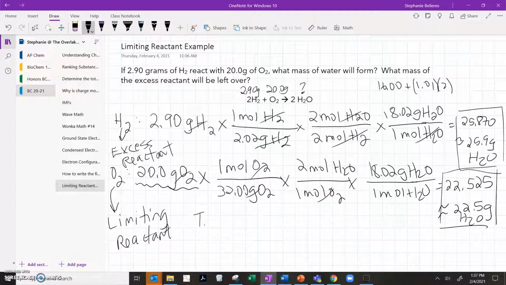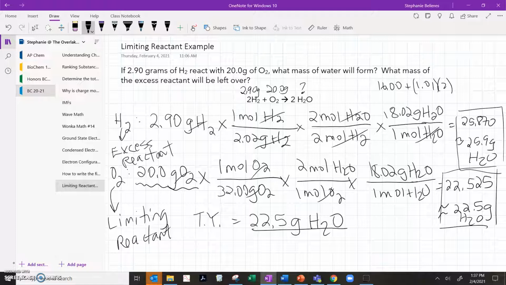So my theoretical yield is going to be, rounded to sig figs here, 22.5 grams of water. So that's how you determine the mass of water that will form, and which is limiting. Okay, so now I've identified the limiting and the excess reactant.